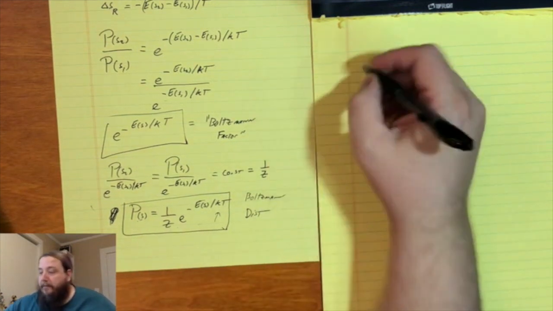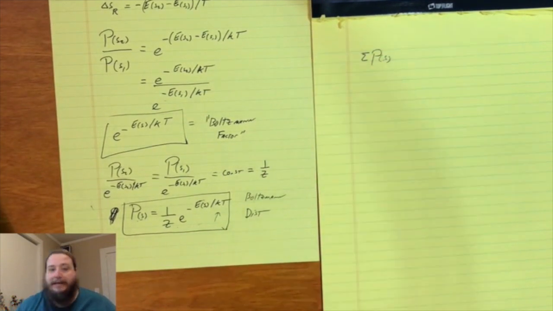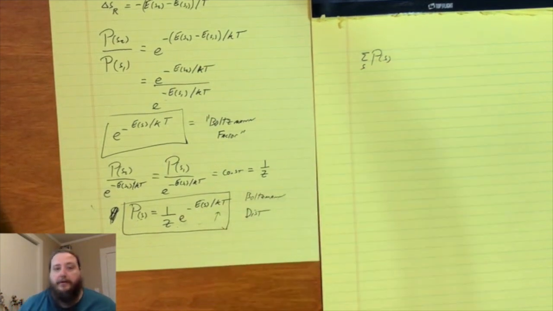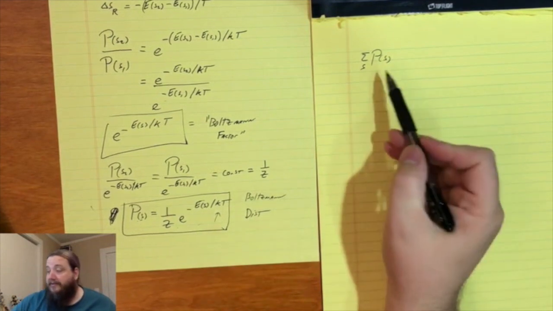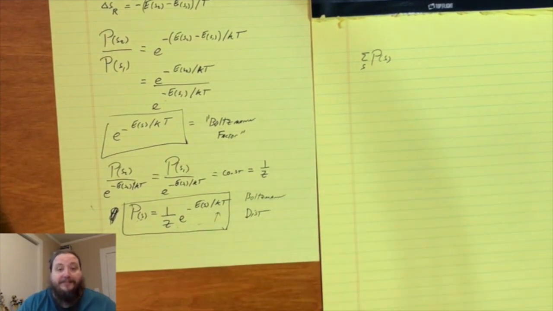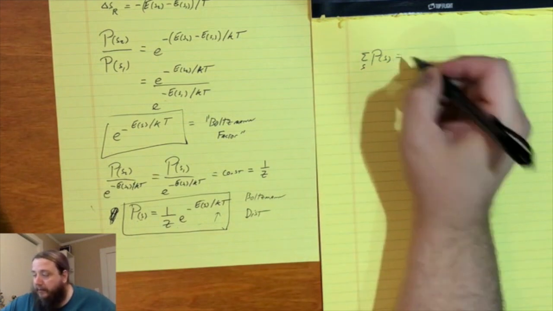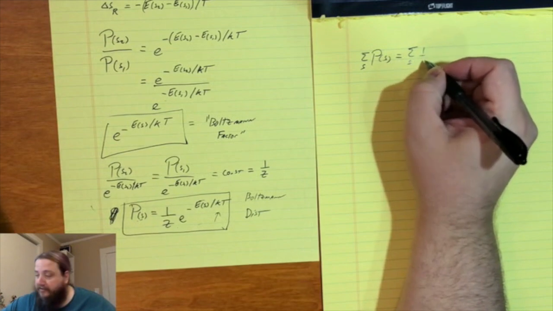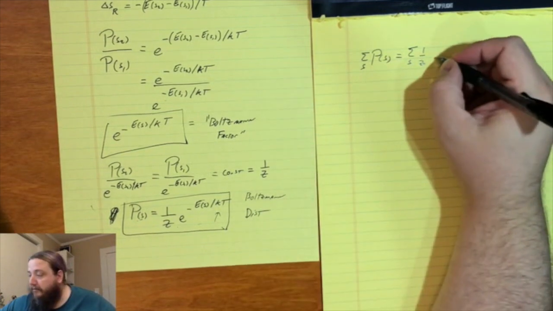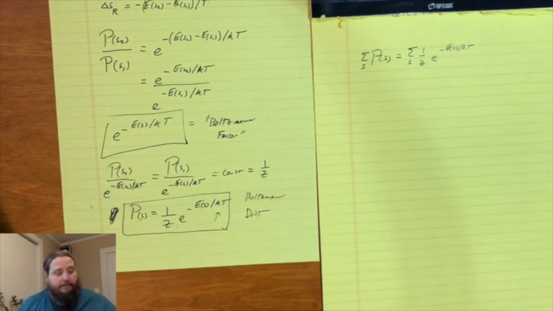If you sum up the probabilities of being in a state S over all of the possible states of our system, in this case over all of the possible energy states of the hydrogen atom, then we have to sum up 1 over Z times the Boltzmann factor e to the minus energy of the state over kT.